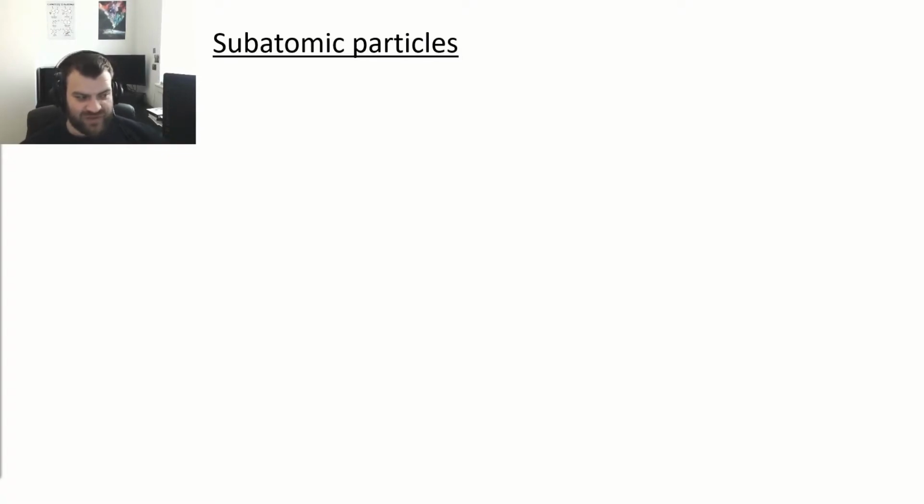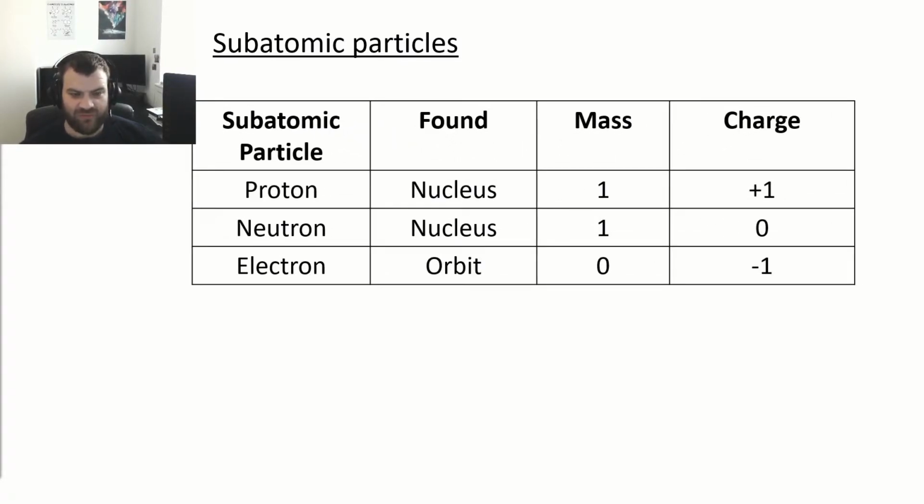Moving on to our subatomic particles, these are the three smaller particles that are found within atoms, and those are protons, neutrons, and electrons. We have our protons and neutrons found within the nucleus, and the electrons are found in orbits outside of the nucleus.